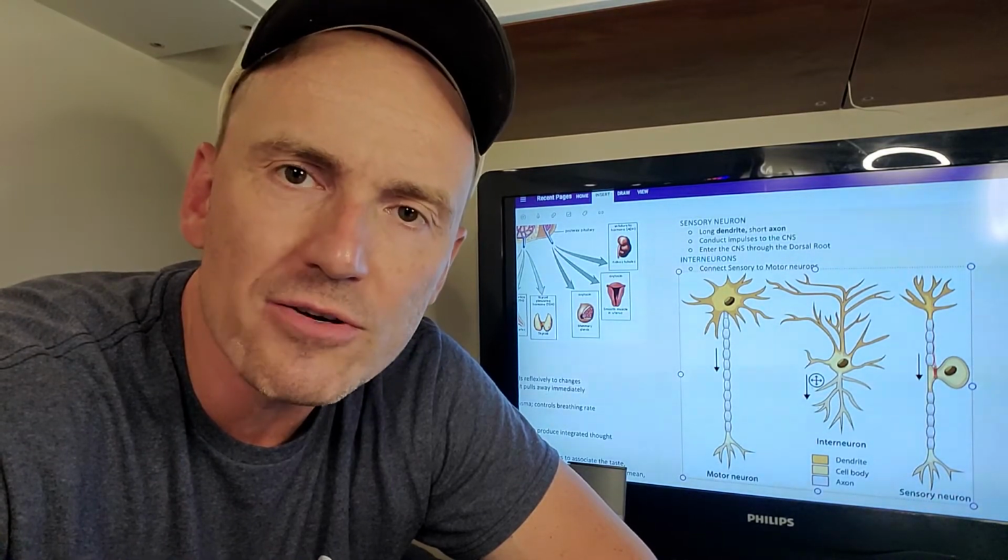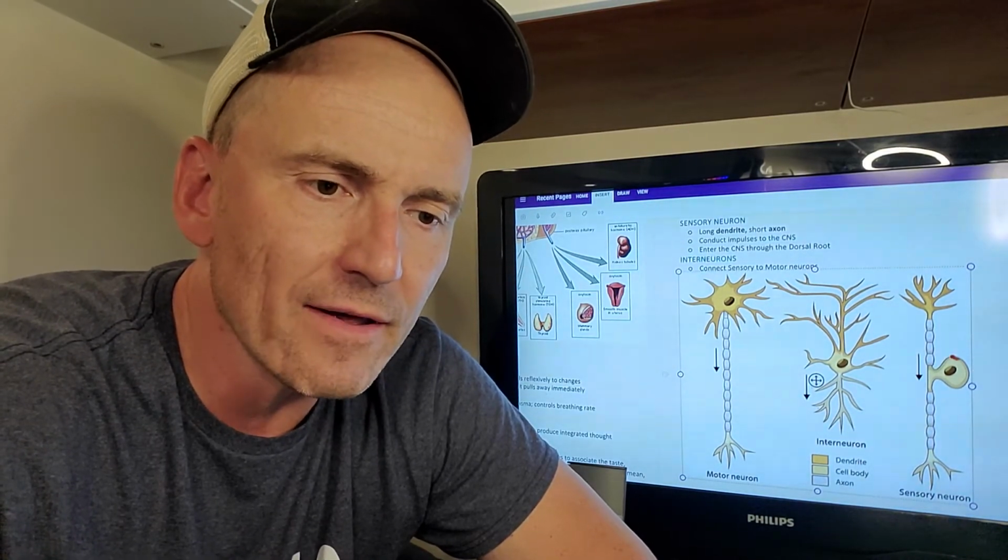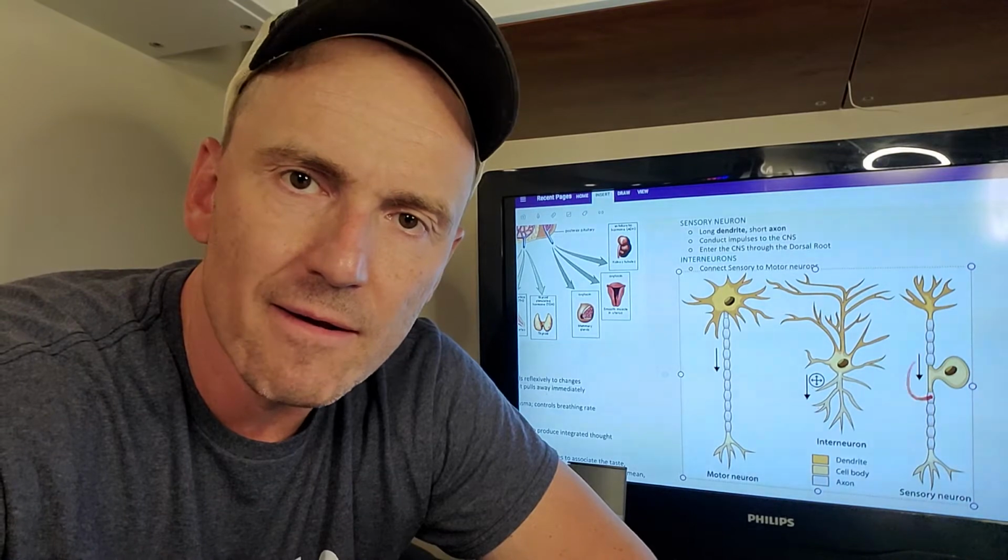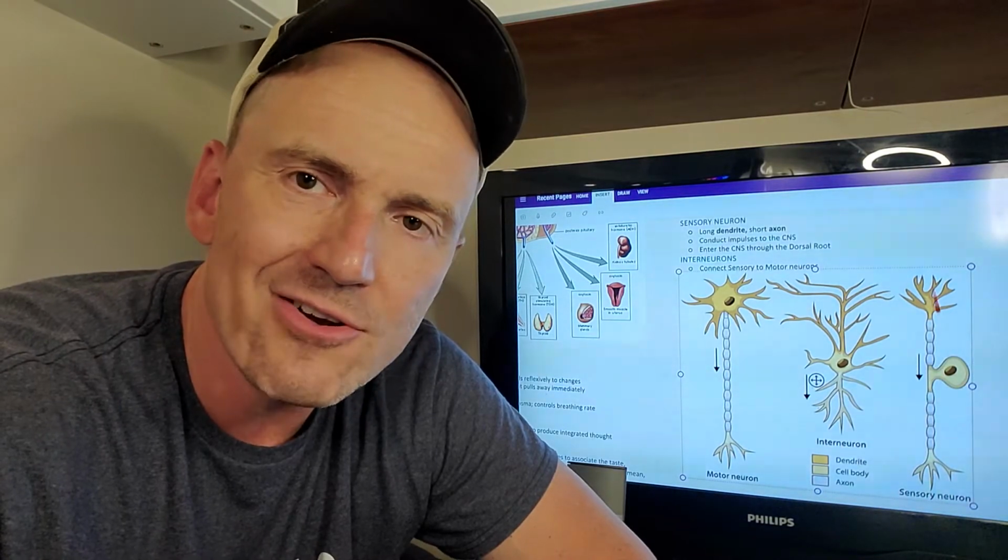There's going to be a lot of mitochondria in there. So part number one is the cell body. And then the other two parts are the things that stick out, and nerve impulses travel along the cell membrane.